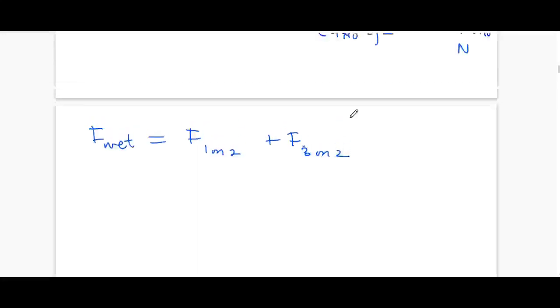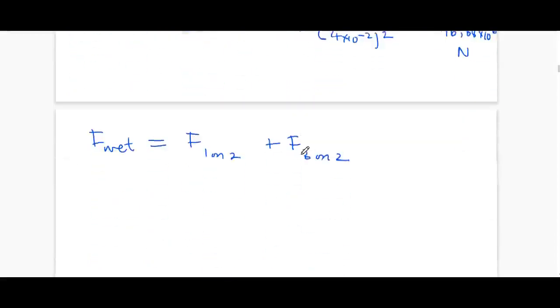Our F net, we know that net is the sum of the forces. So 1 on 2 plus 3 on 2. Fortunately all of them go in the same direction, so it's all positives.